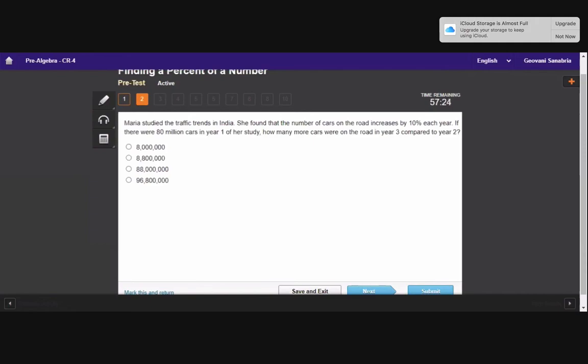I think there might be a formula for this. Is there any way to write it out? We can go share. Let me write down the information. The number of cars on the road increased by 10% each year.